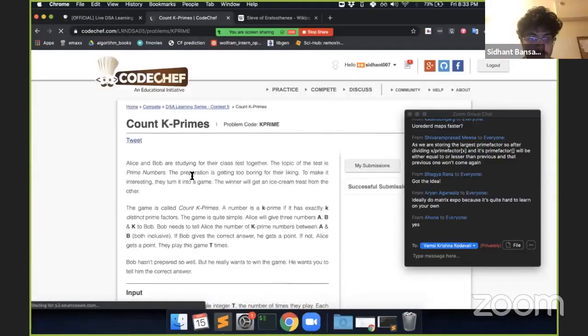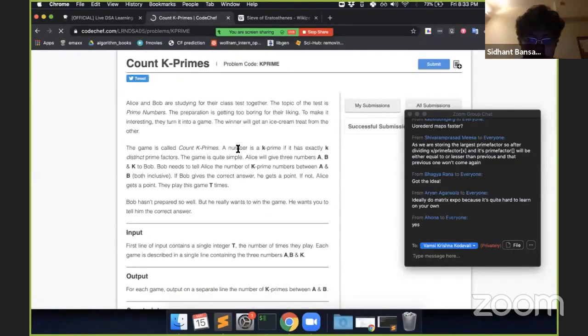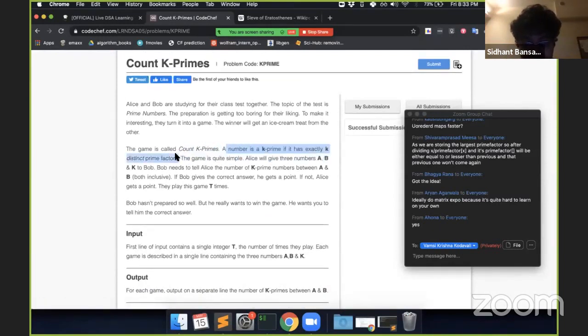Okay. So we'll quickly go through the question that we have, which is K prime. A number is K prime if it has exactly K distinct prime factors. Distinct prime factors and exactly K, although a prime factor can occur multiple times.